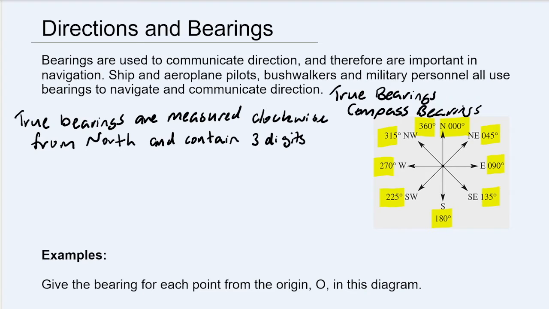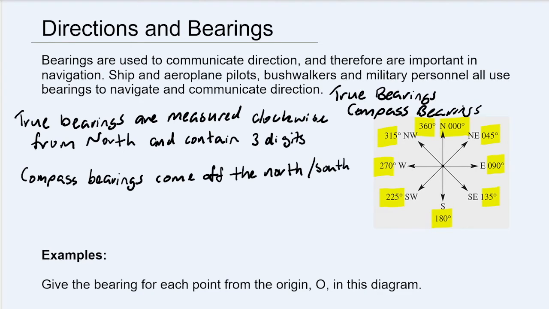The compass bearings come off the north-south line, and start with that direction, and then whichever way east or west they're traveling.